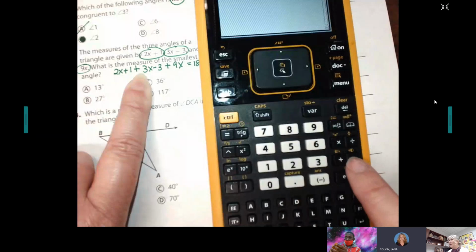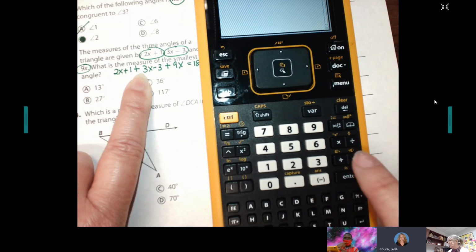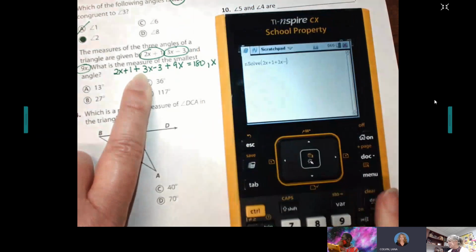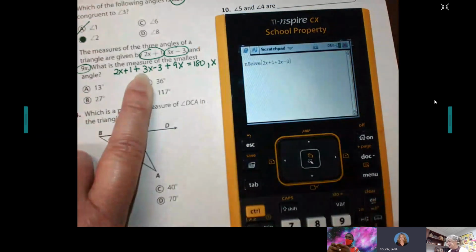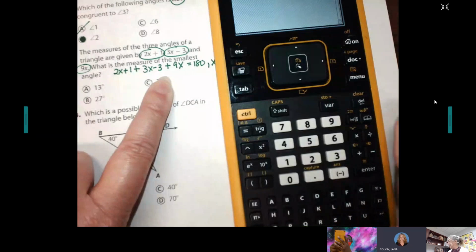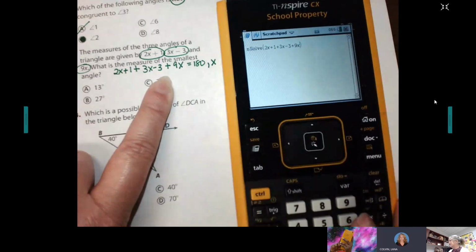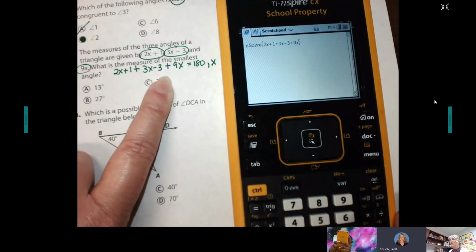This is your minus sign. This is your negative sign. We're going to do minus 3 plus 9x. You got that much in there? Okay, get it typed in.